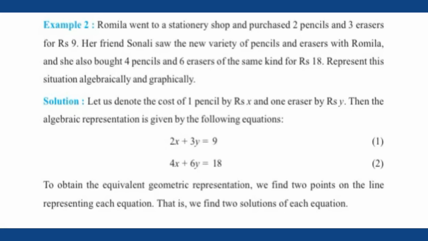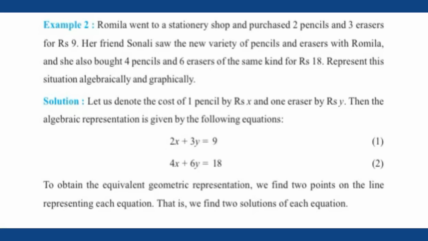The cost of one pencil is x, so the cost of 2 pencils will be 2x, and the cost of one eraser is y, so the cost of 3 erasers will be 3y. The total cost here is 9. So the first equation will be 2x plus 3y is equal to 9. Now Sonali bought 4 pencils and 6 erasers for rupees 18. Similarly, our second equation will be 4x plus 6y is equal to 18.